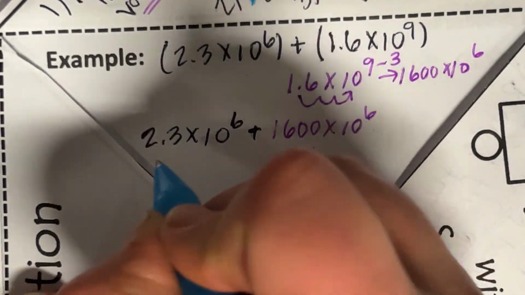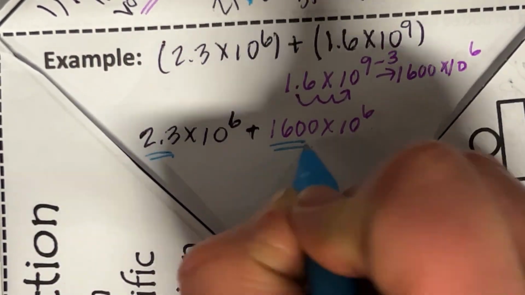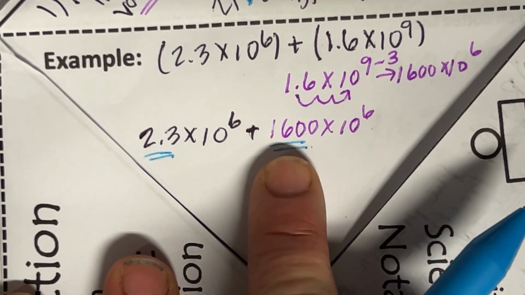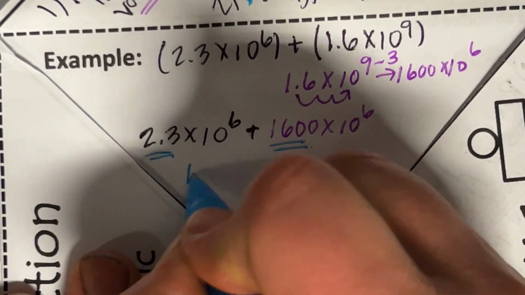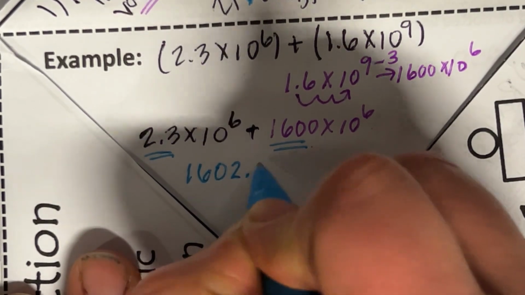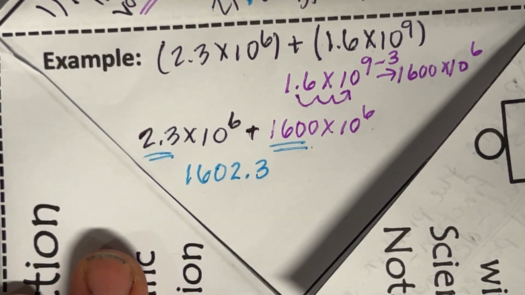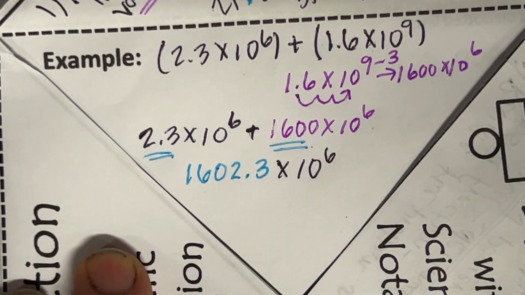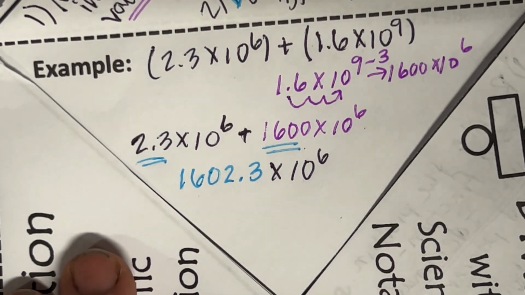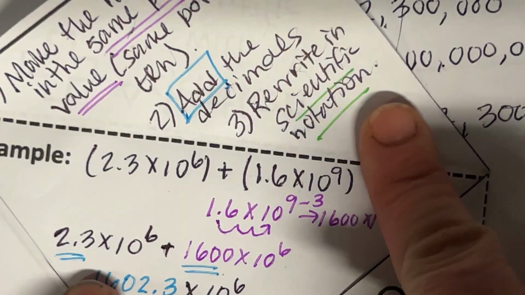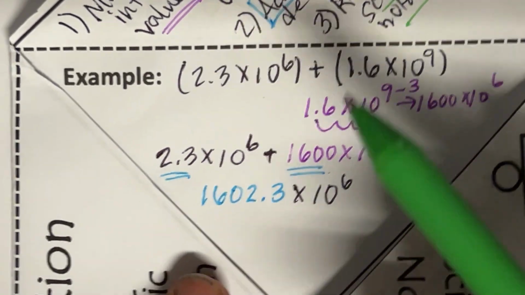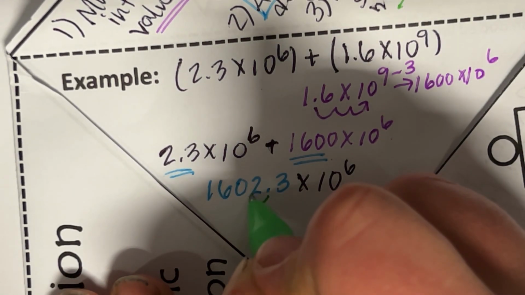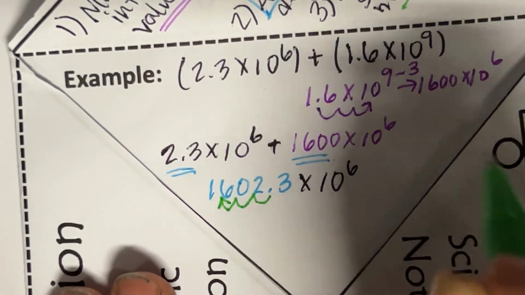So my decimals that I'm going to add, 2.3 and 1,600. 2.3 plus 1,600 is 1,602.3. And I still have my times 10 to the 6th. Last but not least, I need to write my numbers again in scientific notation. In order to do that, I'm going to shift my place value 1, 2, 3 back to the left.